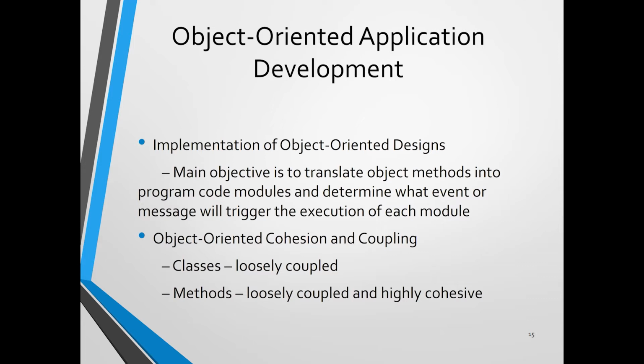Also determine the event or message that you have to trigger, and use them for triggering the execution of each module as well. We also have to consider cohesion and coupling in the object oriented approach as well.